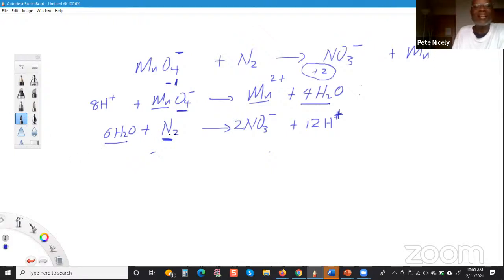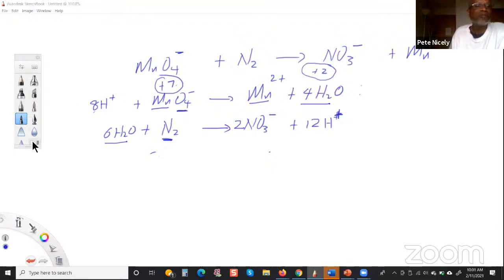After doing that, we balance the charges. We balance the charges now by counting up the charges on both sides of each half equation. For the first half equation, you'll notice that we have a total of 8 plus charges minus 1, so that gives you a total of plus 7 on this side.